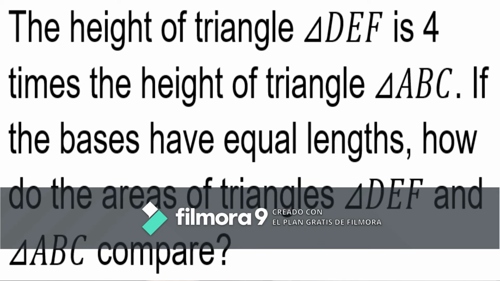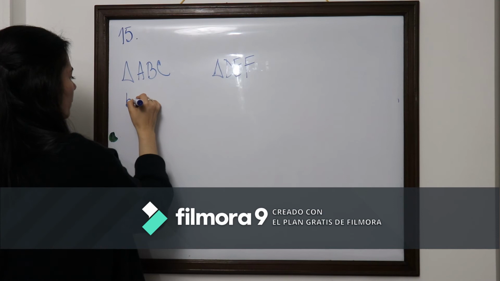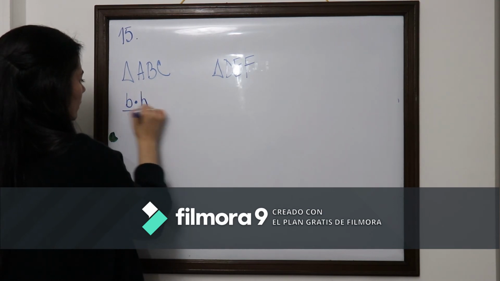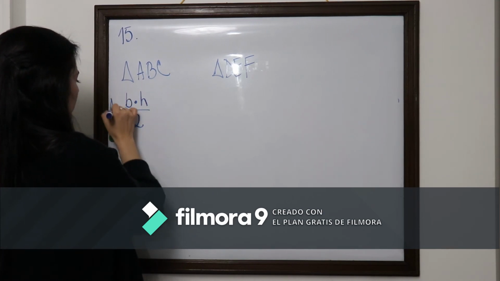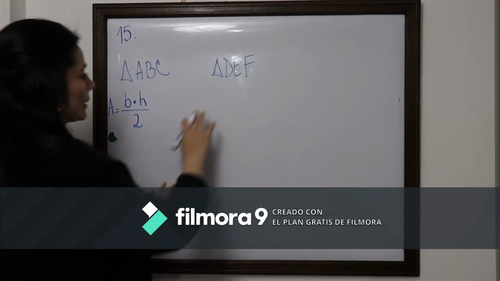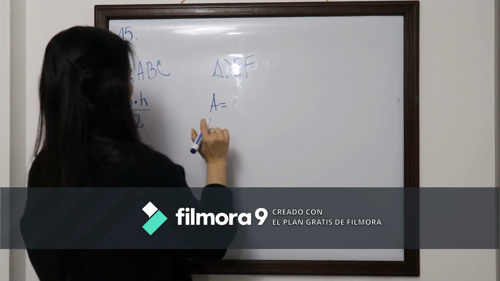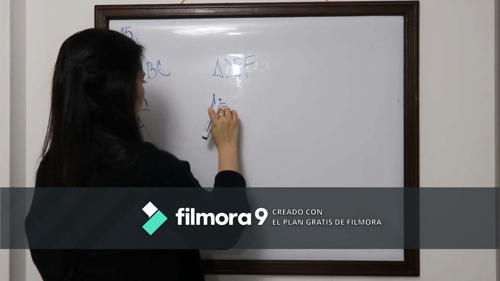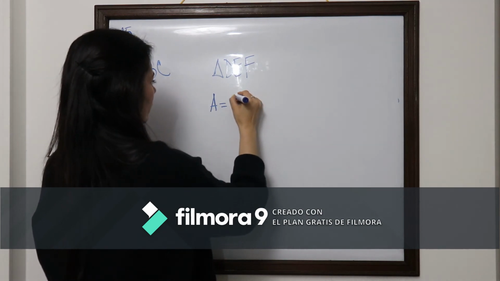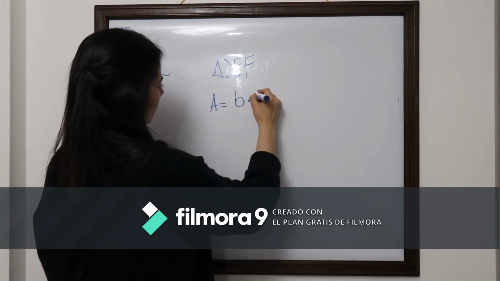All right. Now problem number 15 tells us that the height of triangle DEF is 4 times the height of triangle ABC. So we know the area of triangle ABC is actually gonna be base times height divided in 2. That's the area, right? This is a different area. We're gonna call this area, I'm gonna use a different notation just to make it just different.